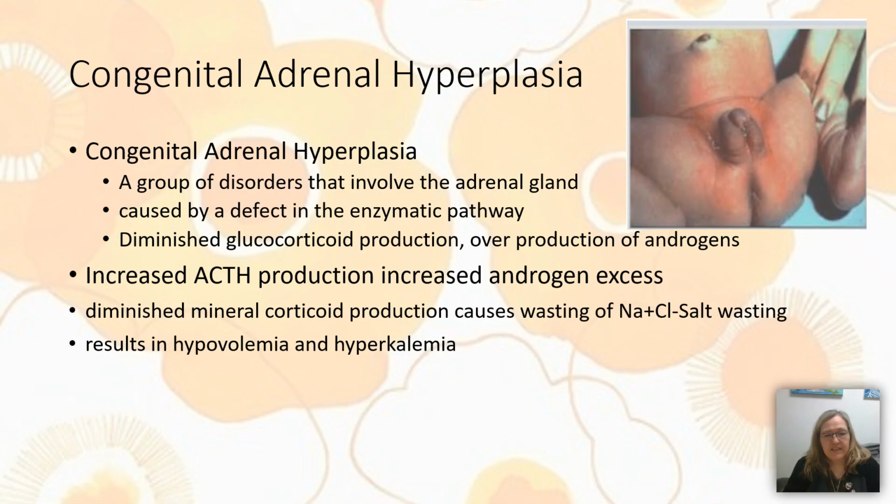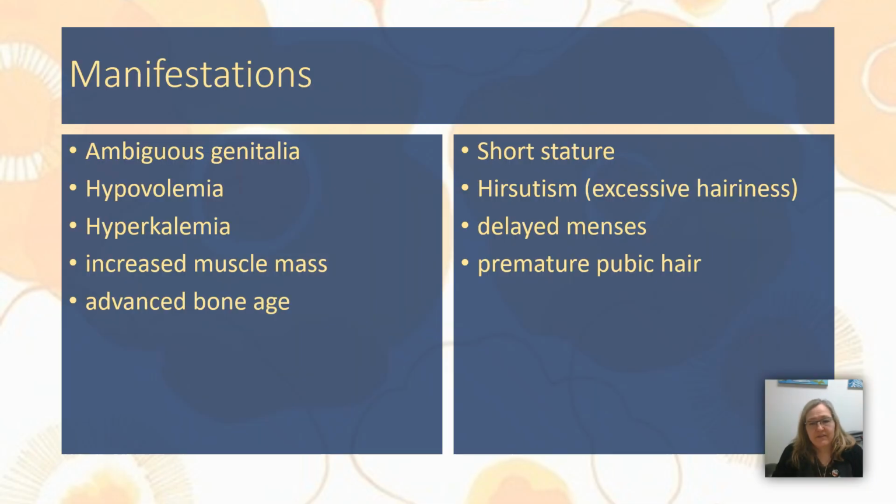So the increase in ACTH production increases the androgens, and the diminished mineralocorticosteroid production causes salt wasting. Sodium chloride both will be wasted, but sodium's really the one that's most concerning, and this results in hypovolemia and hyperkalemia.